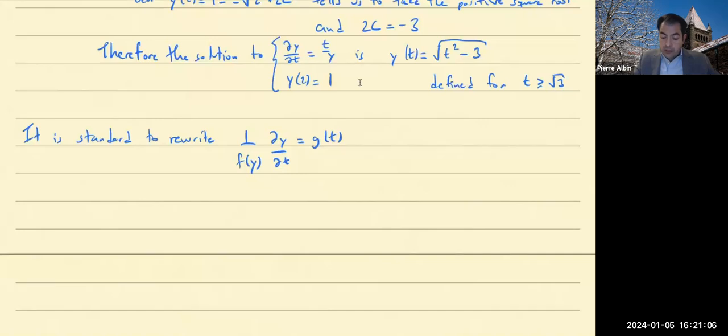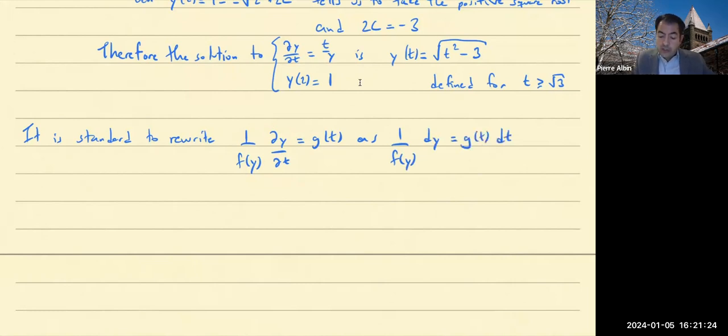It's standard to rewrite this, well, pretend that this is a quotient, right? It's not actually, but pretend it is. And rewrite this as 1 over f of y dy equals g of t dt.